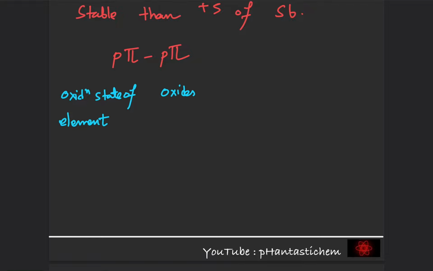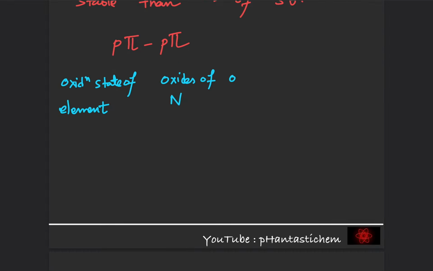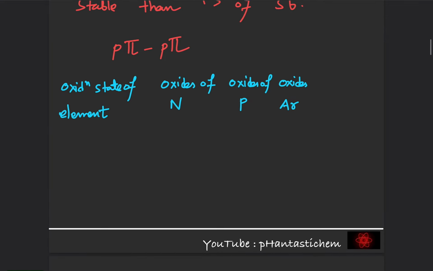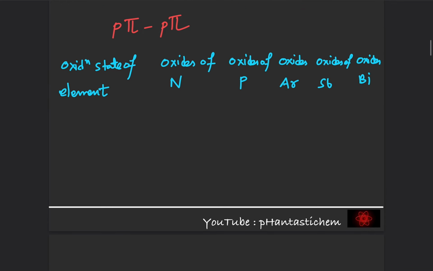Then we have oxides of nitrogen, then oxides of phosphorus, then oxides of arsenic, oxides of antimony, and last oxides of bismuth.